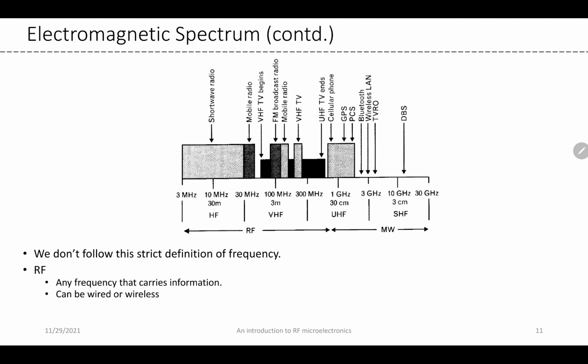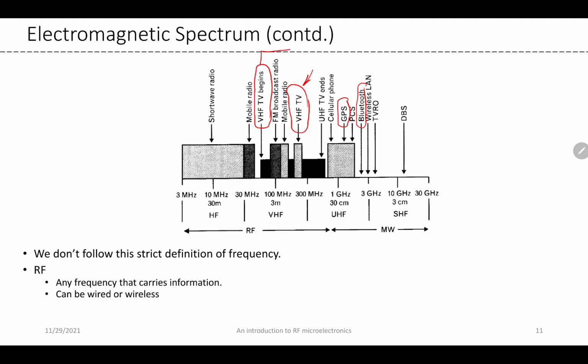So again, this mentions the different segmentation we have. So you can see GPS here, right? So GPS and Bluetooth, and again the cable TV, which is rare these days. So these are the frequencies which are assigned to cable TV.